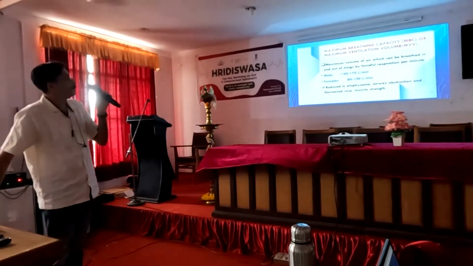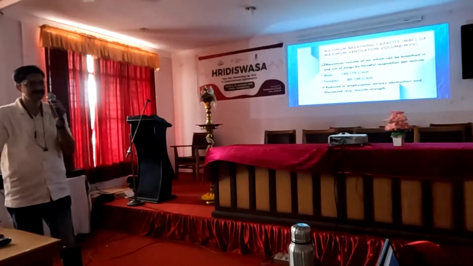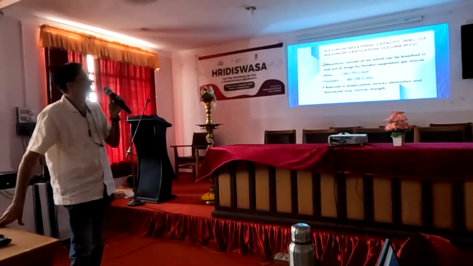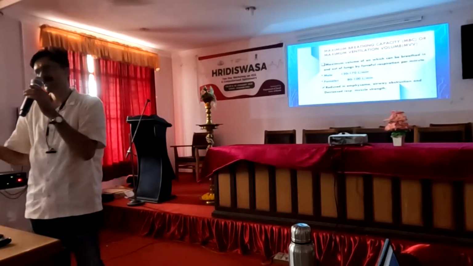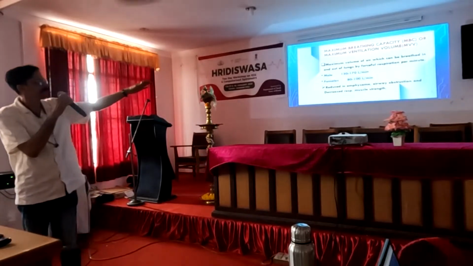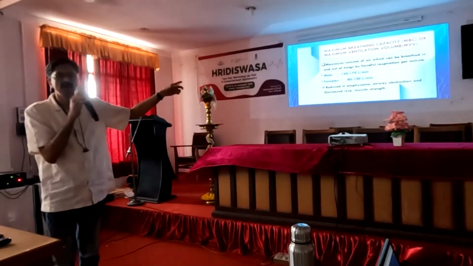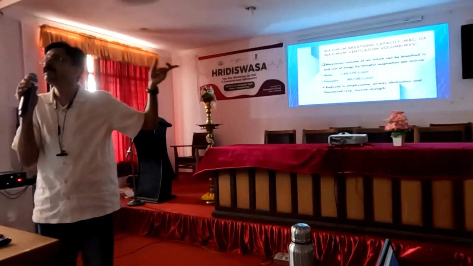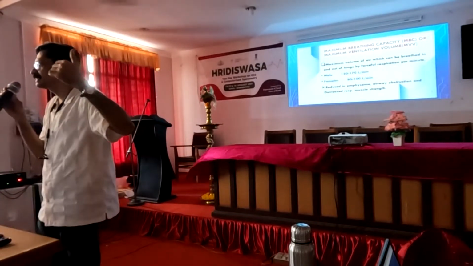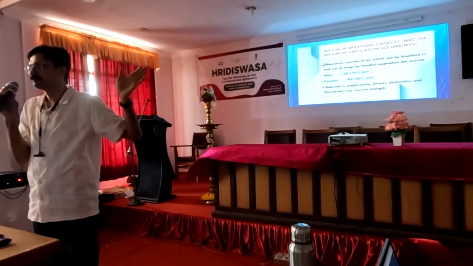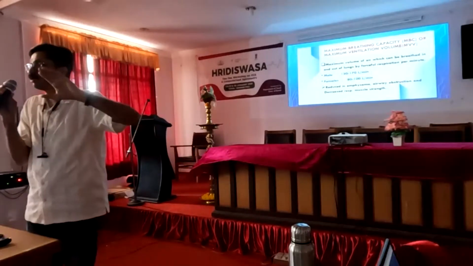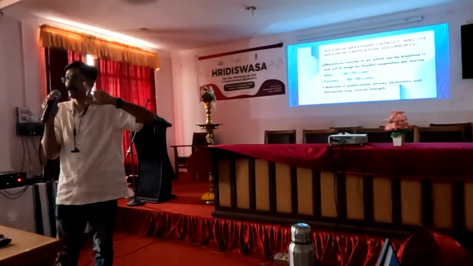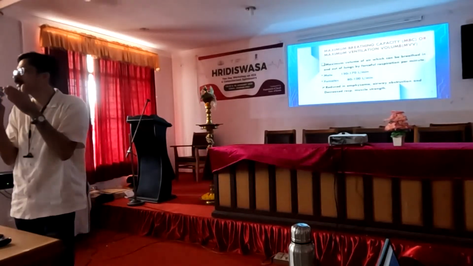Next is the maximum breathing capacity, or maximum ventilation volume. It is the maximum volume of air which can be breathed in and out of the lungs in a minute. So it comes under the dynamic lung volumes. We assess how much volume of air is breathed in and out within a minute.